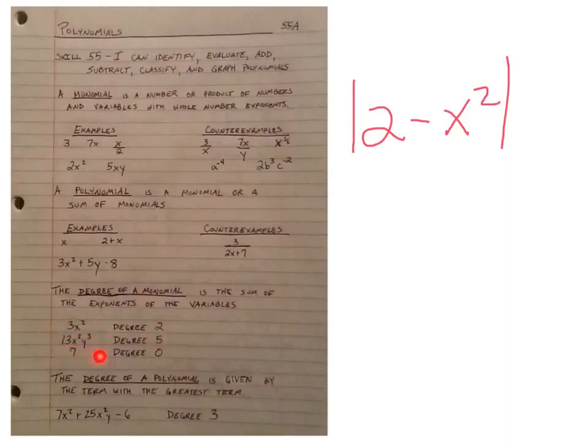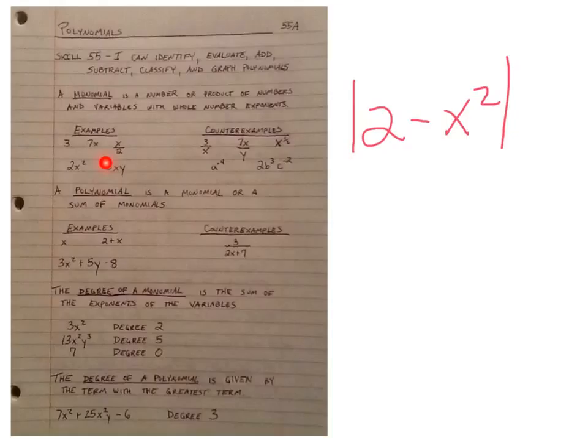And then the number 7 has a degree of 0 because the exponent attached to the variable is 0. And that's why we don't see a variable at all. Some other ones on the page, 2x squared is a degree of 2, 5xy is a degree of 2.